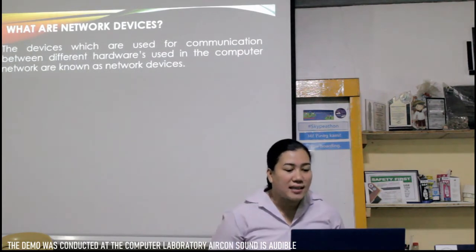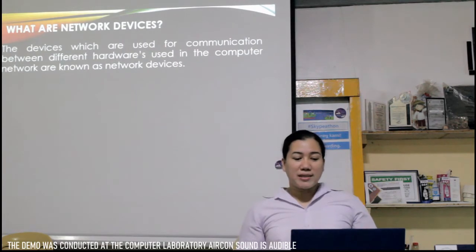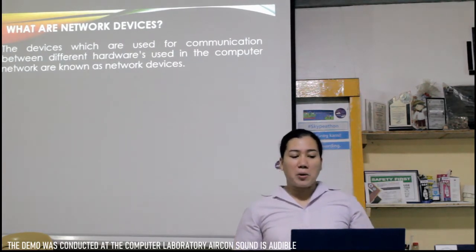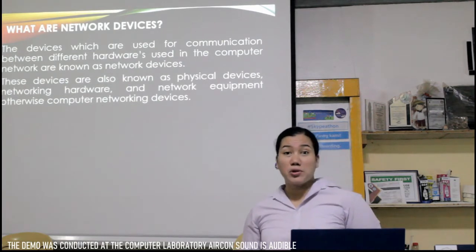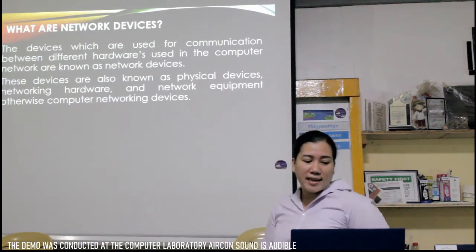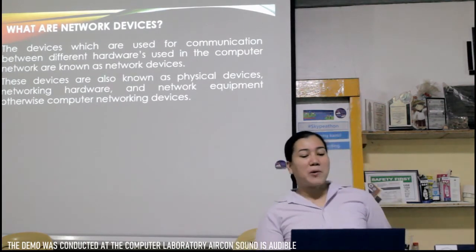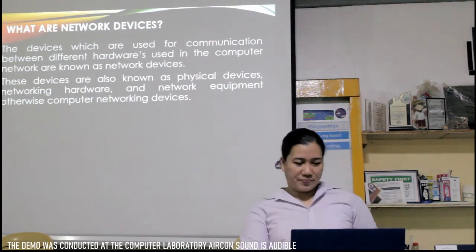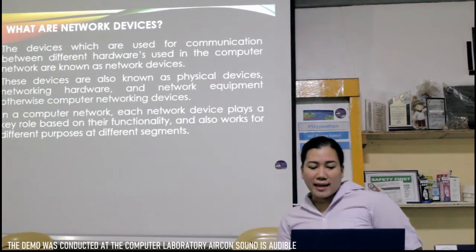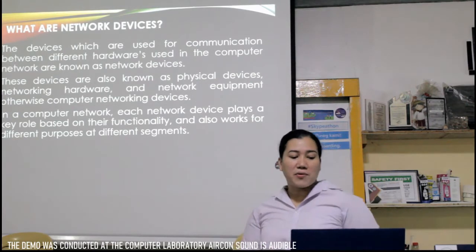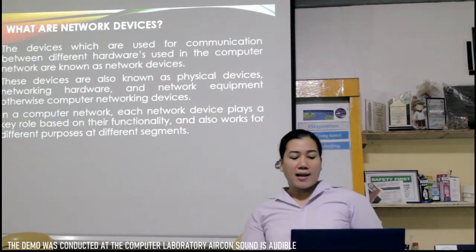The devices which are used for communication between different hardware in a computer network are known as network devices. These are also known as physical devices, networking hardware, and network equipment, otherwise computer networking devices. In a computer network, each network device plays a key role based on its functionality and works for different purposes at different segments.